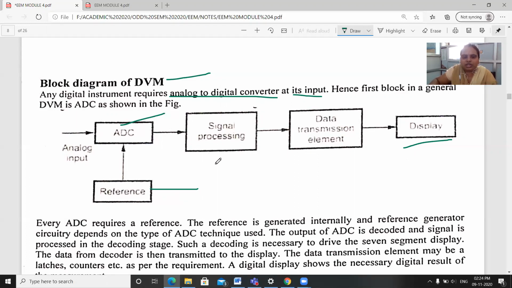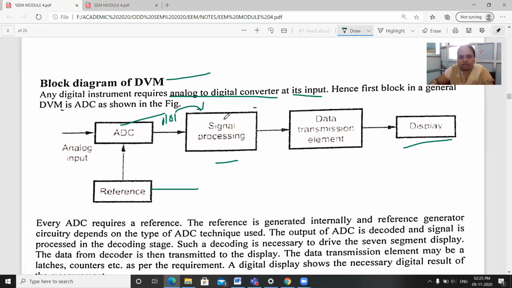Next, the signal processing. The inputs we give from the ADC are going to be processed. We use different filters and different techniques so that we are able to process our signal, and then it is given to the data transmission element. In terms of signal processing, here the zeros and ones are converted and processed.